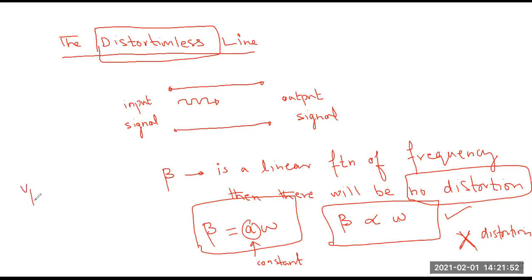If you remember the phase velocity we derived, we found that the phase velocity on a transmission line is always equal to omega divided by beta. So when beta is a linear function, there will be some constant multiplied by omega. Omega will be cancelled out, so as a result, phase velocity will be a constant number.